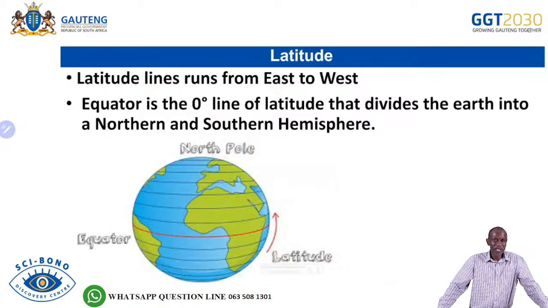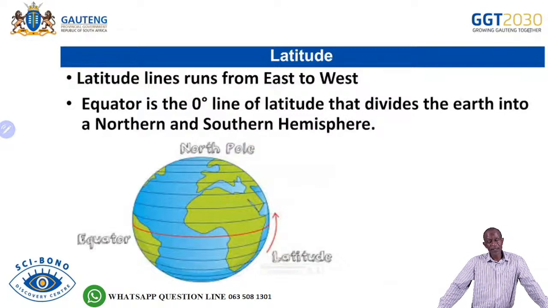So the equator is just one latitude, and it is one of the important latitudes for us and for the basis of understanding how the time zones work.